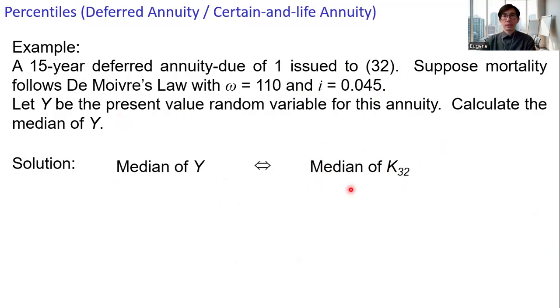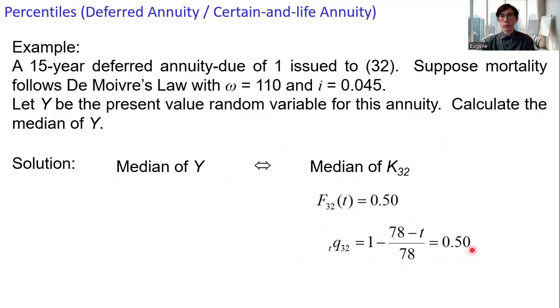All right, this is equivalent to calculating the median of K32. Let's solve for the random variable T32, assume continuous case. Omega 110. Under the Moivre's law, so TQ32, we have this expression, set it equals to 0.5, solving for T, we get T equals 39.